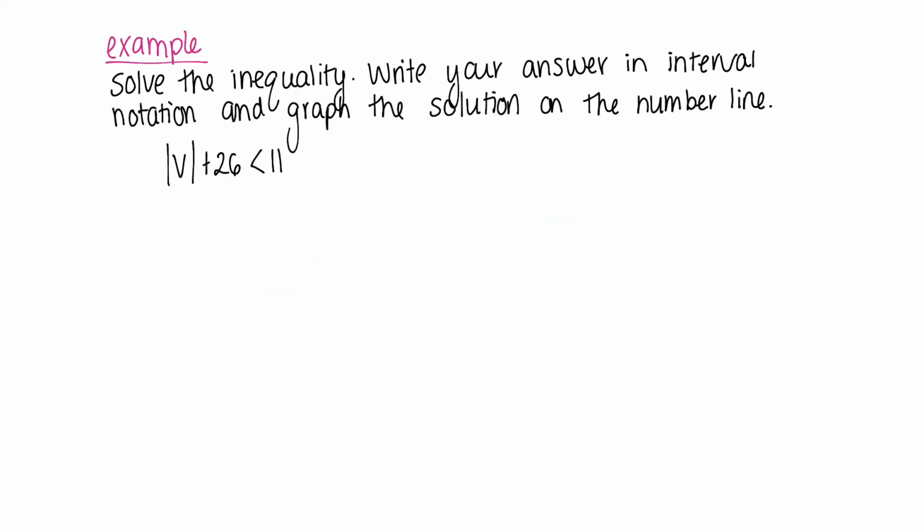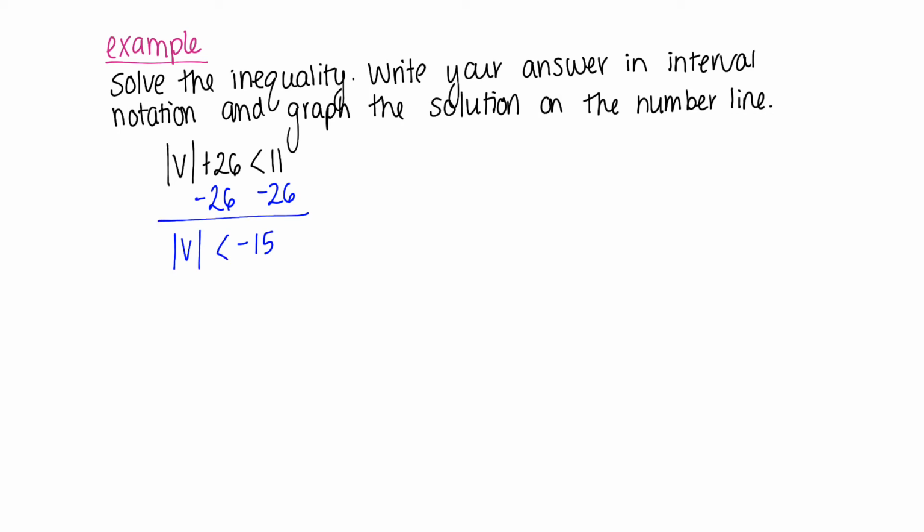All right, let's look here. Same idea, we need to isolate that absolute value, so we'll subtract 26 on both sides. We'll have the absolute value of v is less than negative 15.